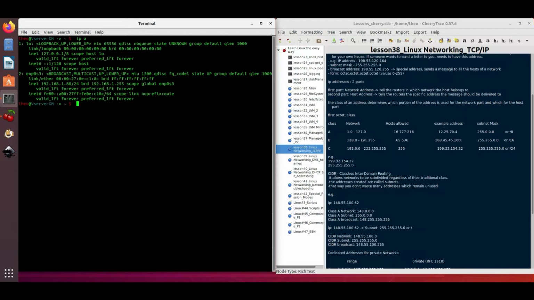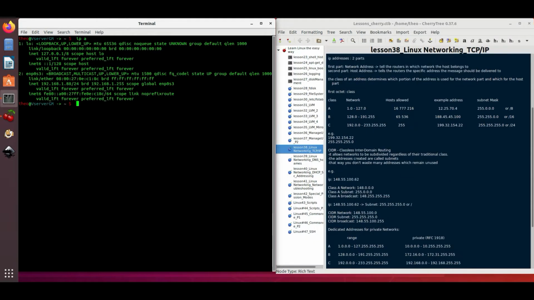The class of an address determines which portion of the address is used for the network part and which for the host part. The first octet, the 192 in our example, shows us in which class this address is.